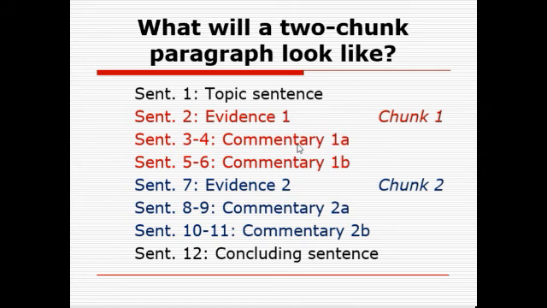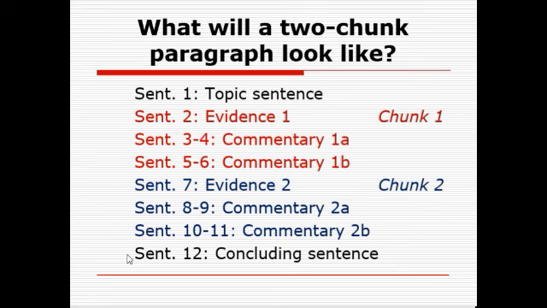However, instead of doing your closing sentence, you're going to bring in your second piece of evidence, the same type of evidence that will prove your topic sentence. Then you'll continue with the same formula of doing your 2 parts of commentary, and then you'll end with your concluding sentence. If you look at it in this way, you'll see that you can get to about 12 sentences.